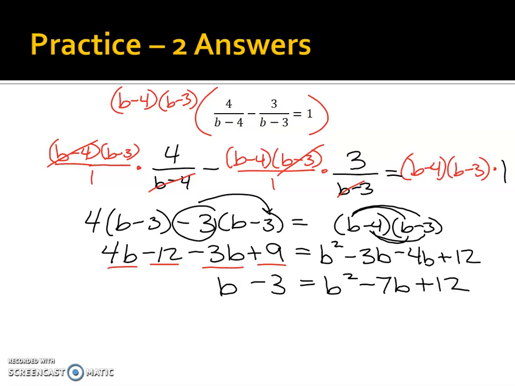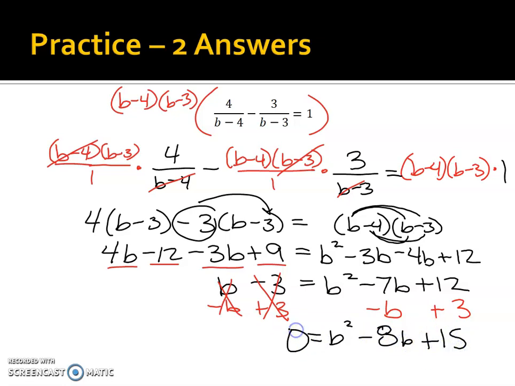So we are not ready to factor yet. I have to make it equal 0. So I need to subtract b from both sides. And I need to add 3 to both sides. And when I do that, I end up with b squared minus 8b plus 15 equals 0.